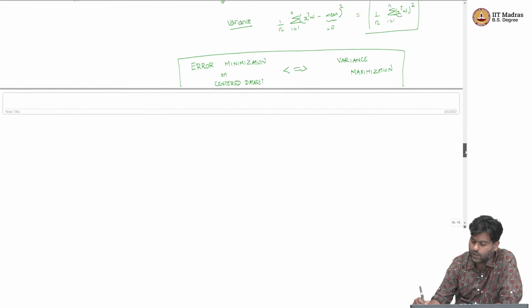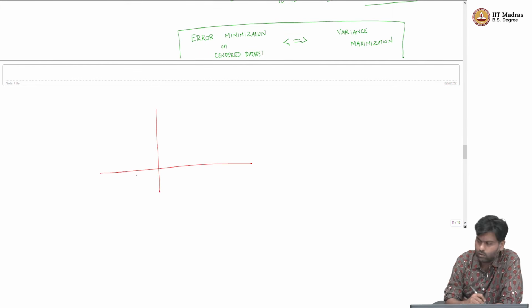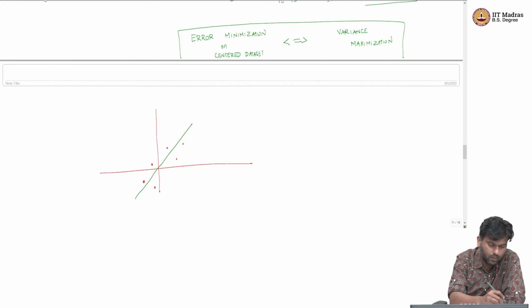To see why this has to happen geometrically, of course, algebraically we have seen this, but geometrically also you can convince yourselves. Maybe you have a bunch of points like this, and maybe the green line is the best line. Maybe there is also this blue line.